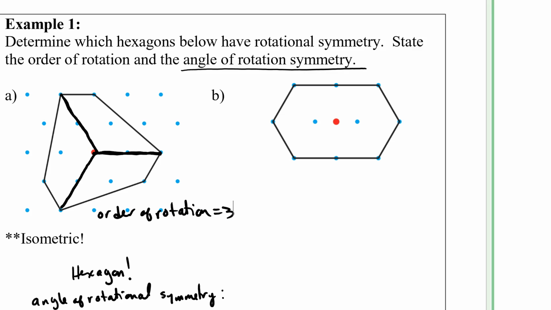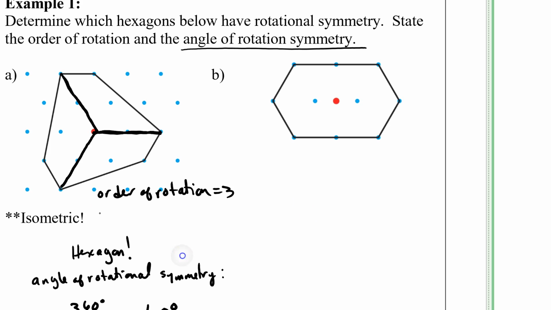So since we know that the order of rotation is 3, let's find the angle of rotational symmetry. I can do this one of 2 ways. I can use the equation, but first, just to see if the equation works, from this line to this line, we would be moving one isometric triangle and another isometric triangle.